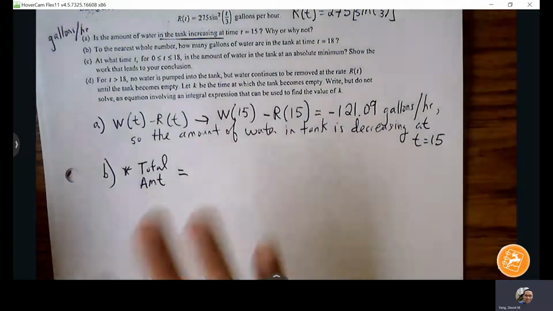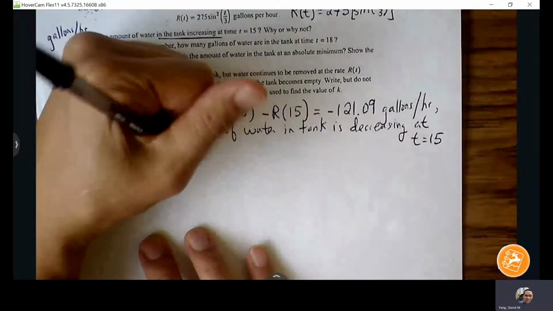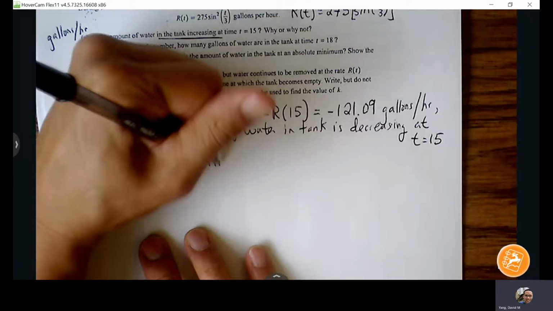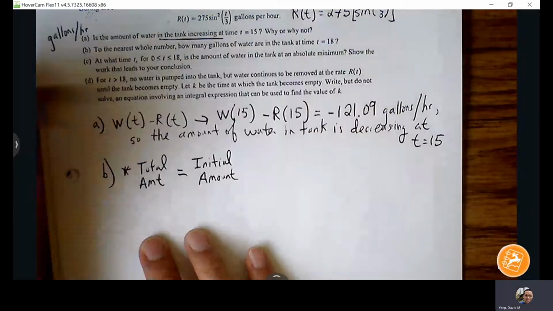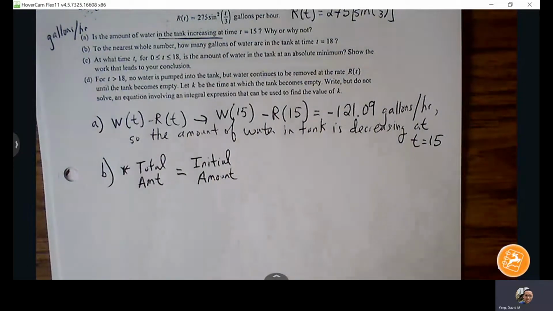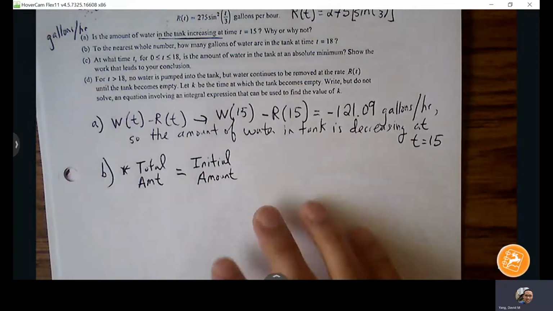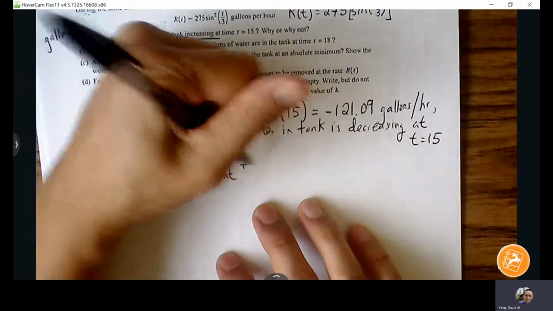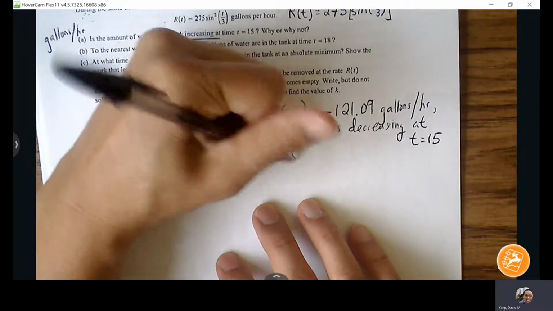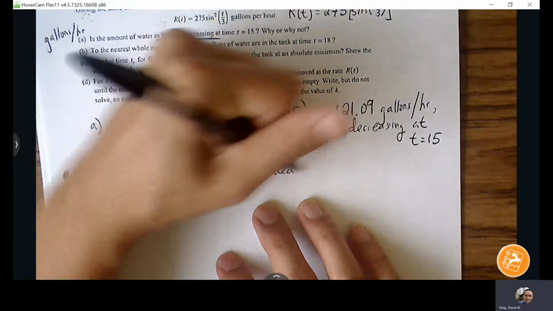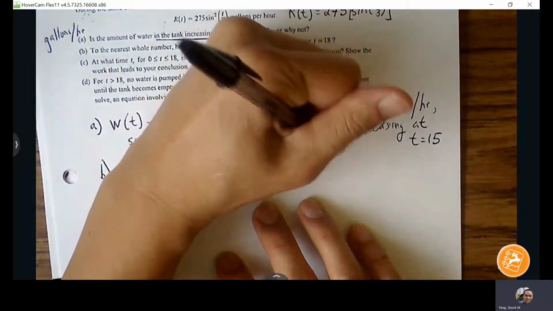So any total amount that I'm looking for is the initial amount. There's a couple of moving parts here. If I want to find the total amount of anything, especially if there's an initial amount and then an amount coming in and an amount removed, it's going to look like this: plus the amount added, minus the amount removed.